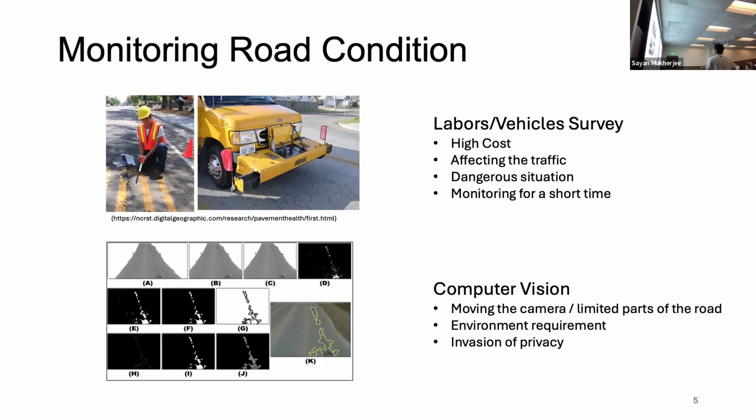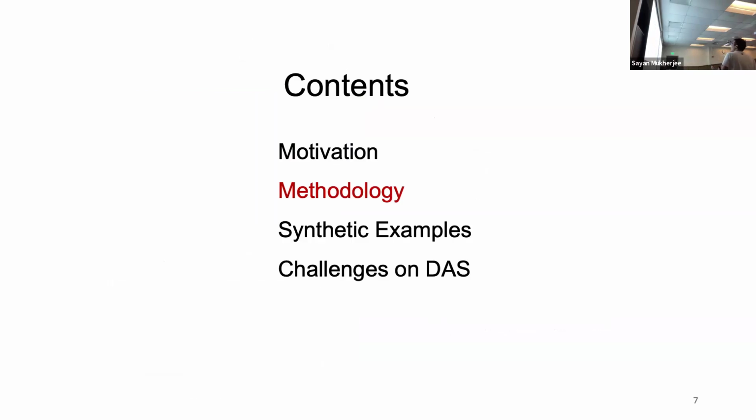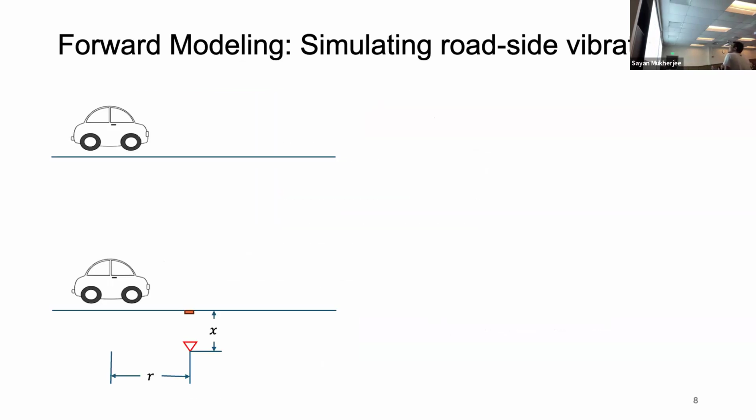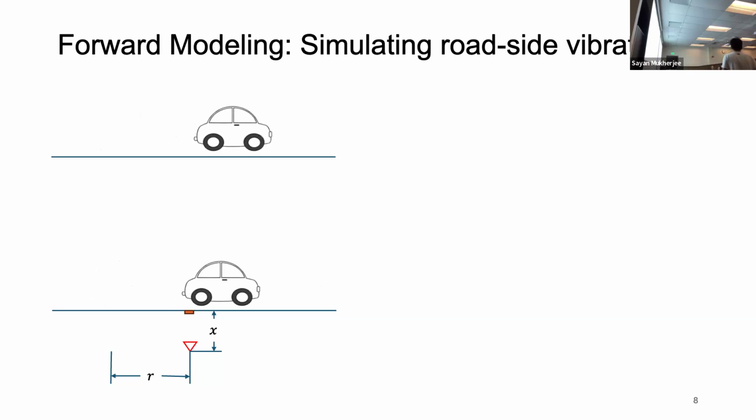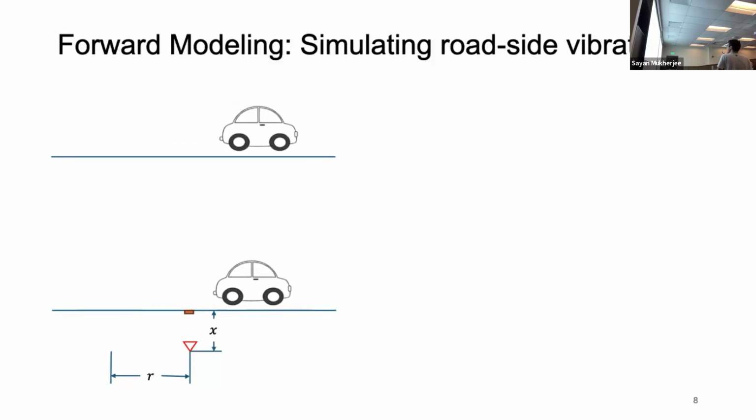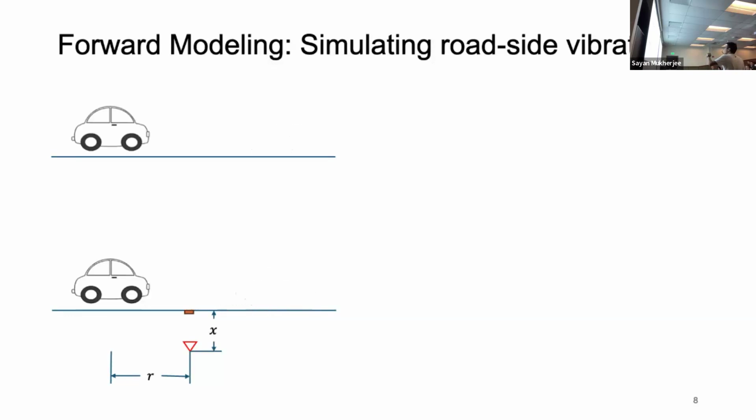So our method is using vibrational signals to get the road conditions. Let's get to our method. What's the difference when a car moves on a road with cracks or without cracks? From the animation, you can see we made a simple assumption that when a car moves over the cracks, they amplify our source signals.